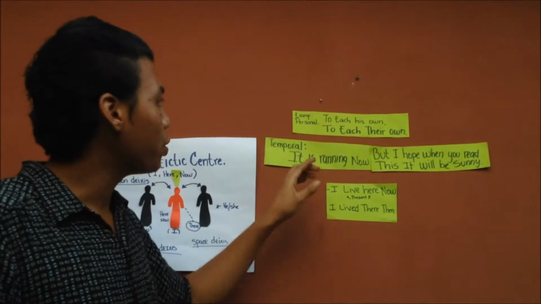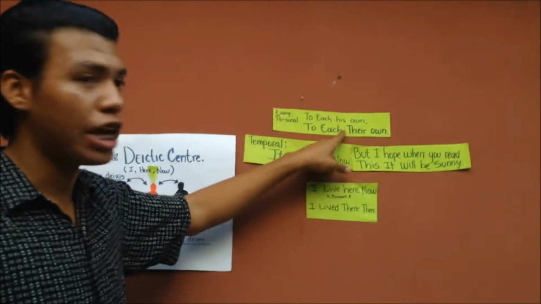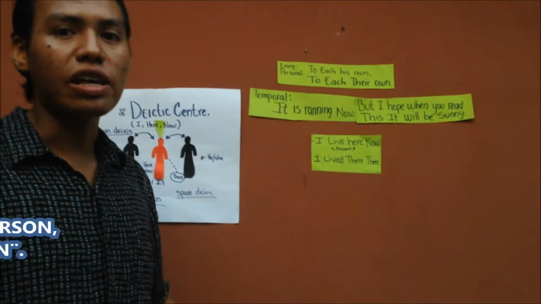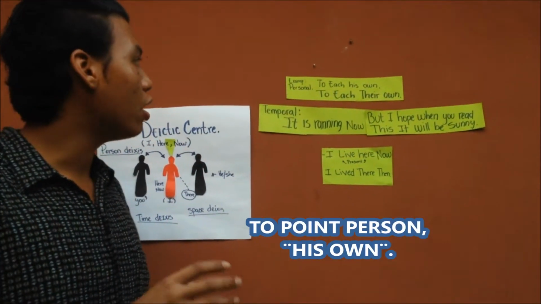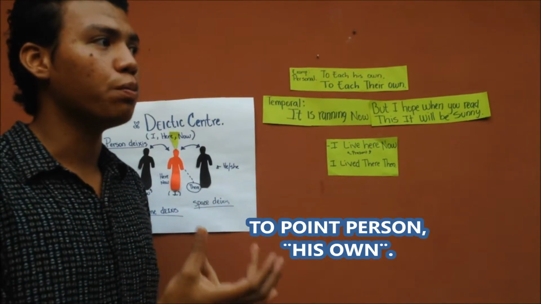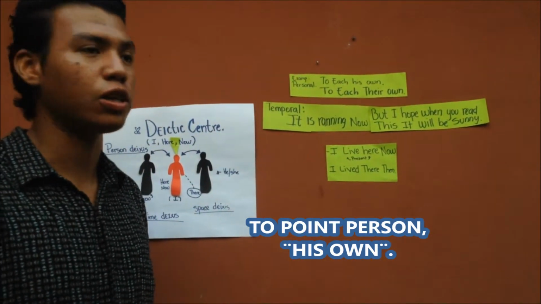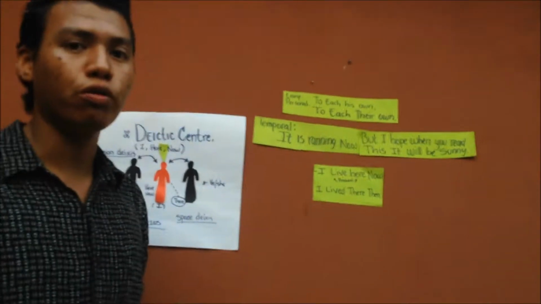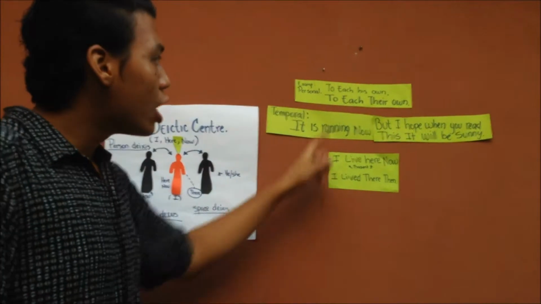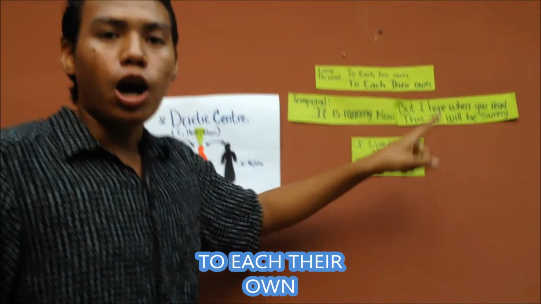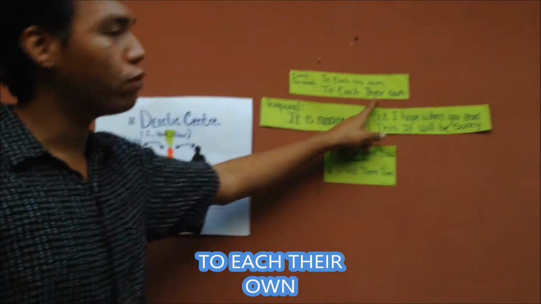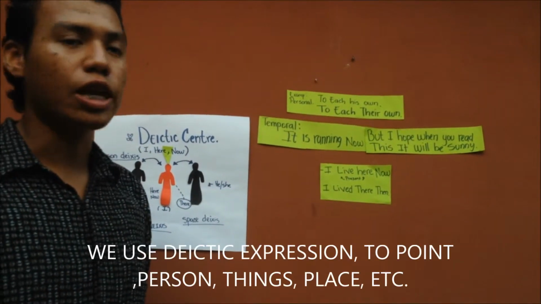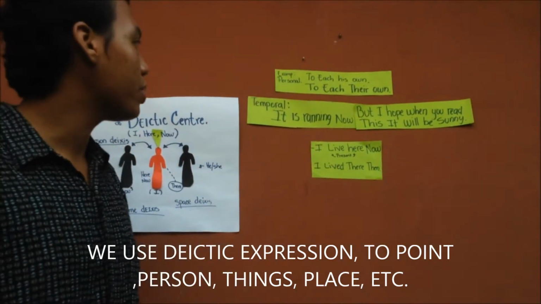In this expression, "his own" tells us who performed the action in the sentence. Here is another example, more clearly: "to each their own." Here we have pronouns, so there is a deixis in this phrase.